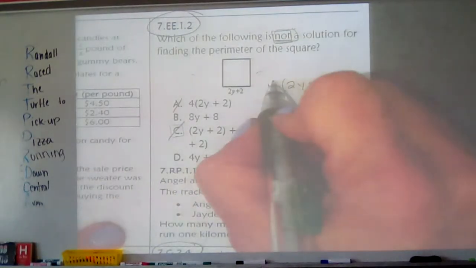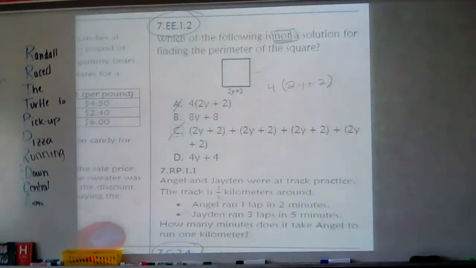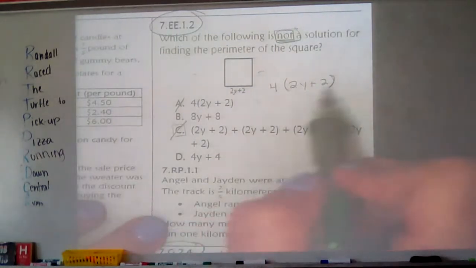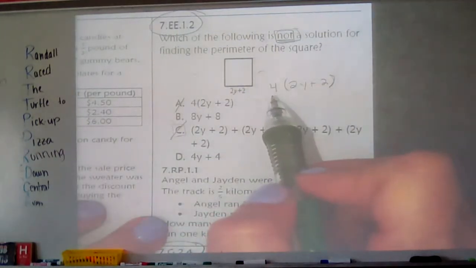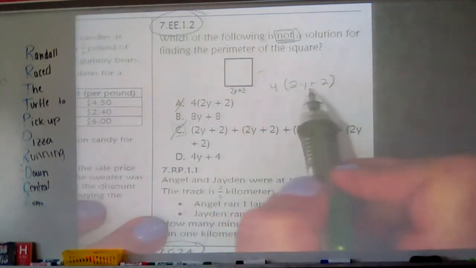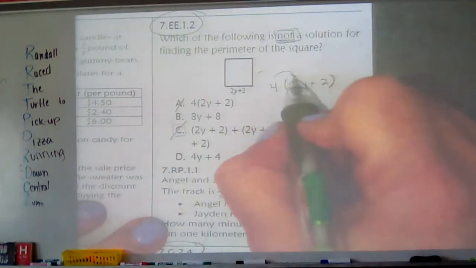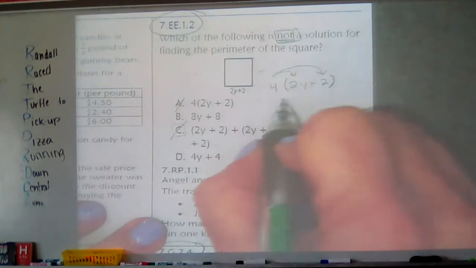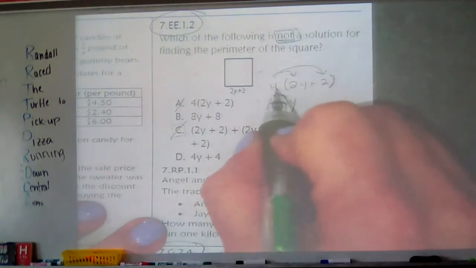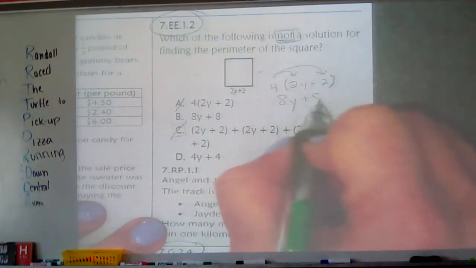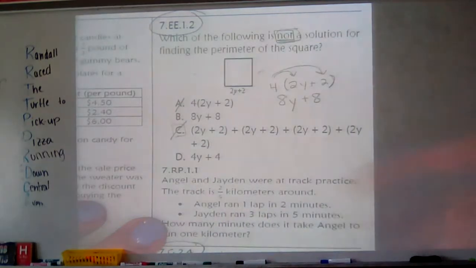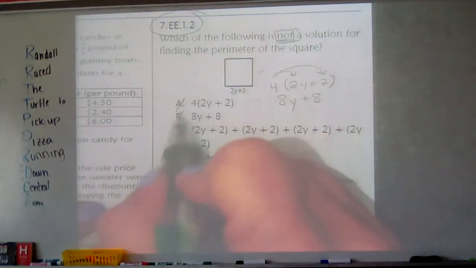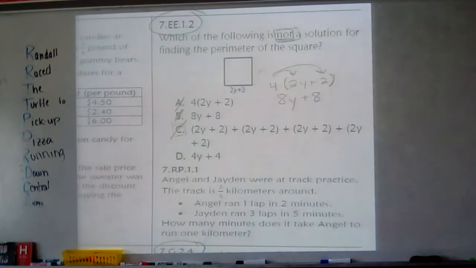Finally, anytime you see a number outside of parentheses, this has either already been factored, which it hasn't because you still have the 2's here, or you know that you need to distribute and you can simplify. So 4 times 2y will give me 8y, and 4 times 2 is positive 8. So I look up and see that B would be 8y plus 8.